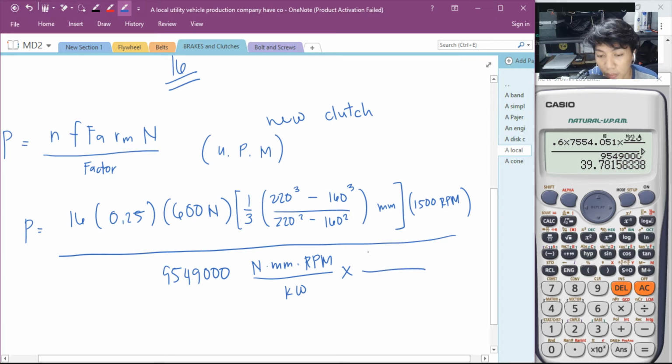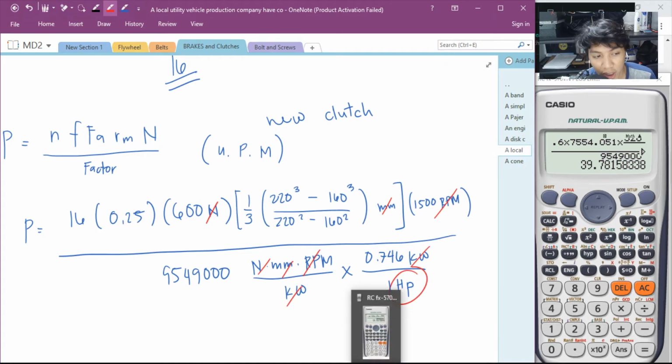So, you have 0.746 kilowatts per 1 HP. Now, cancel natin yung same units. Newton, Newton, millimeter, millimeter, RPM, RPM, kilowatt, kilowatt. Ang lalabas is HP. Now, we can solve for the horsepower rating niya.